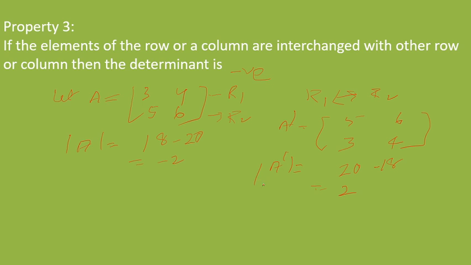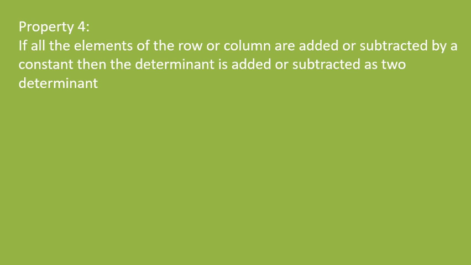Now what is the relation between this matrix and that one? We got the determinant of A dash is minus the determinant of A. So if a row or column of a matrix is interchanged with another row or column, then the determinant is negative.